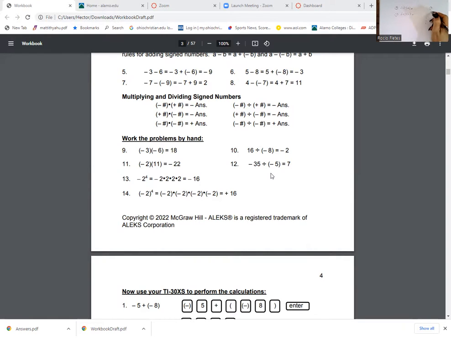So let me do 10 and 12: 16 divided by -8, and then -35 divided by -5. And then I also want to do these 13 and 14, because sometimes it's confusing where the negative is placed, okay? Okay, so let me stop sharing so you can see.